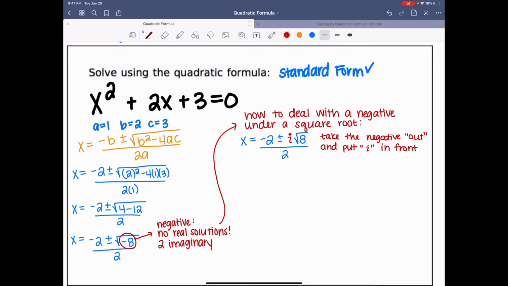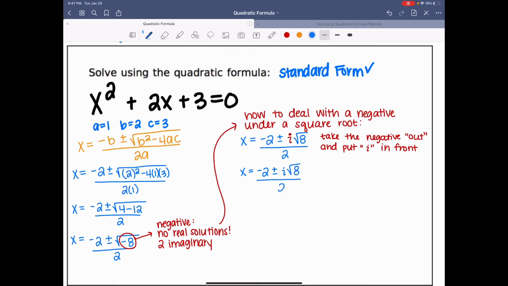So we took the negative out and put i in front of the radical. Okay, now our next step, we are going to simplify the square root of 8. So we will talk about simplifying radicals more later on, but for now, we're just going to make it as simple as possible.